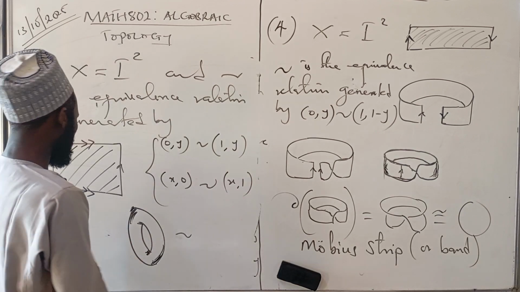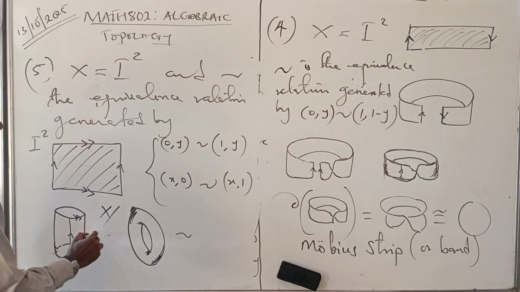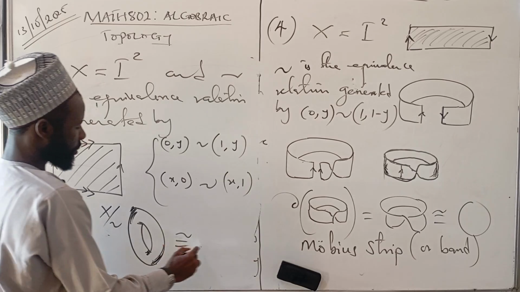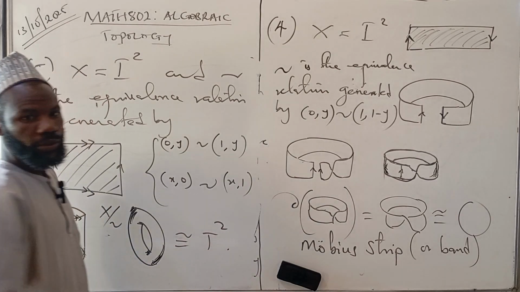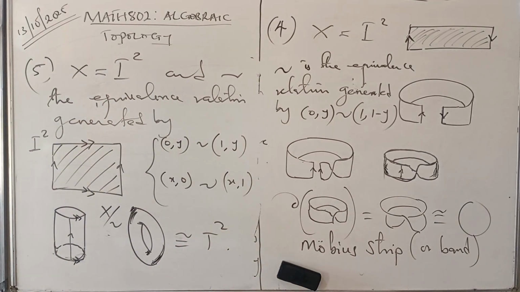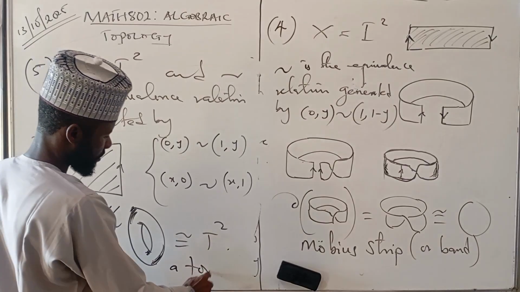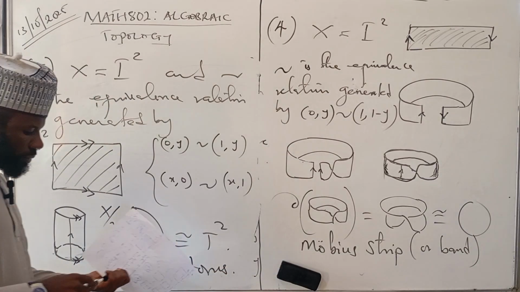That will be the space. And this will be your X by tilde, and it is homeomorphic to T2. So this is another way of constructing T2, using an equivalence relation defined on the space. So this is a torus. It's still a torus. Okay?